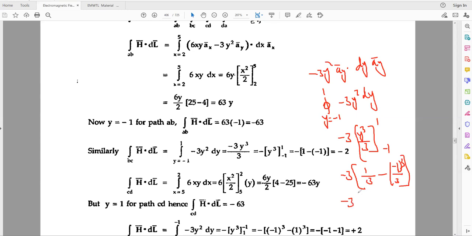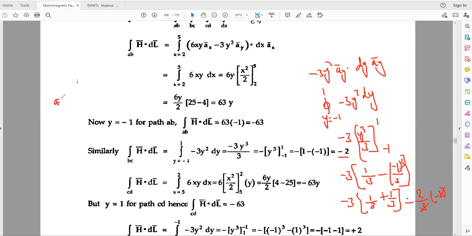It becomes minus 3 into 1 by 3, and minus 1 cube means a plus, so we get 1 by 3 here. There is no other multiplication, directly we get the value 2 by 3 into minus 3. So the 3 gets cancelled and we get minus 2.